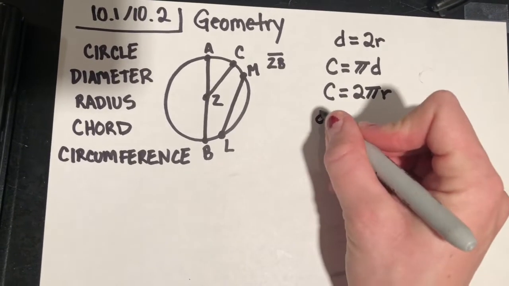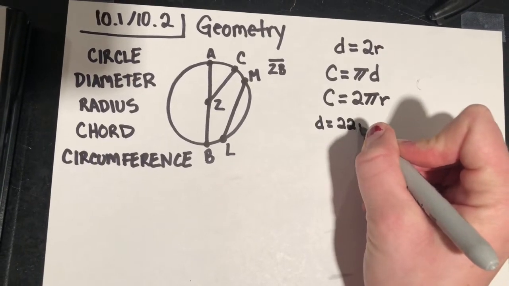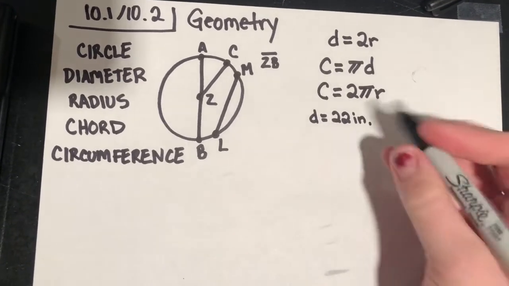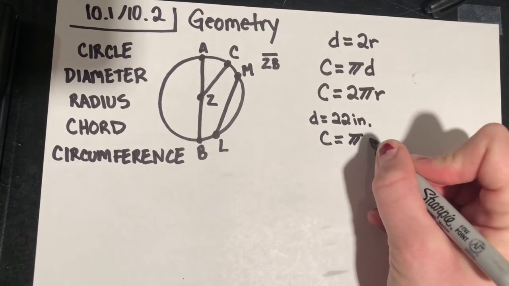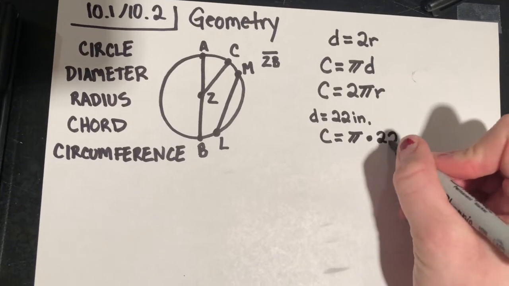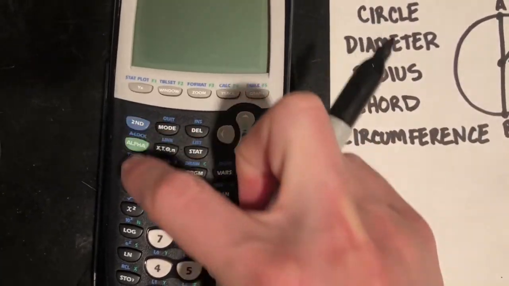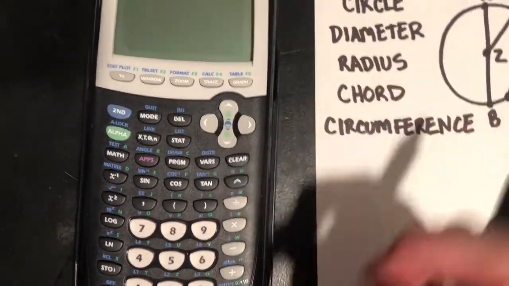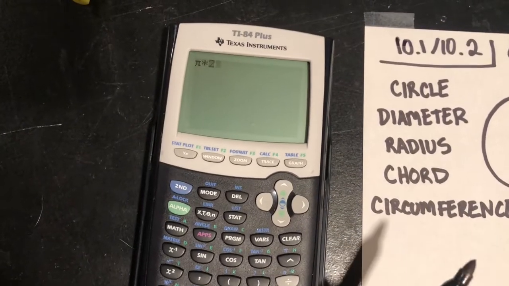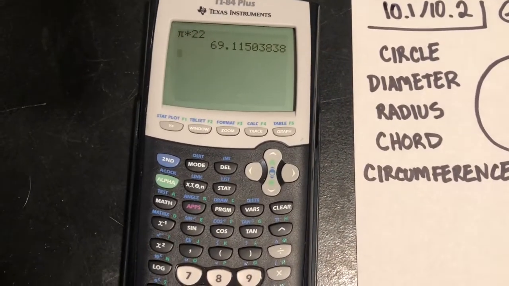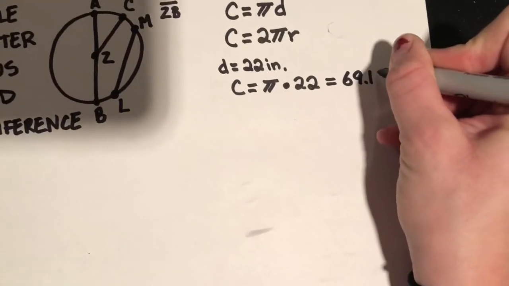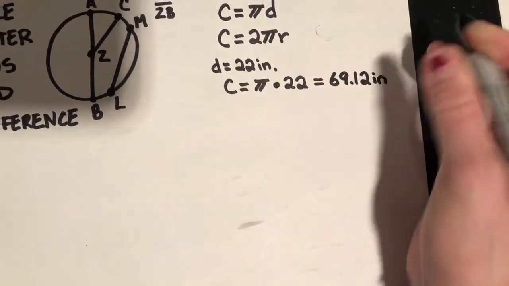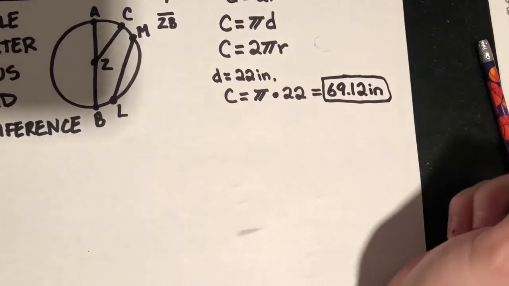Let's say we have a diameter of 22 inches. To find the circumference, I'm going to multiply pi times that 22, and I'm going to get that in a calculator here. So we have, sorry about that, pi times 22, and we get 69.12 inches, and that would be our circumference of the circle.